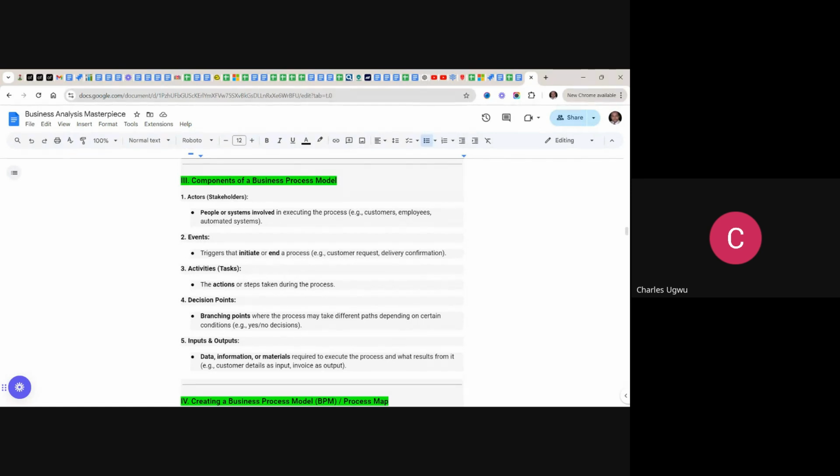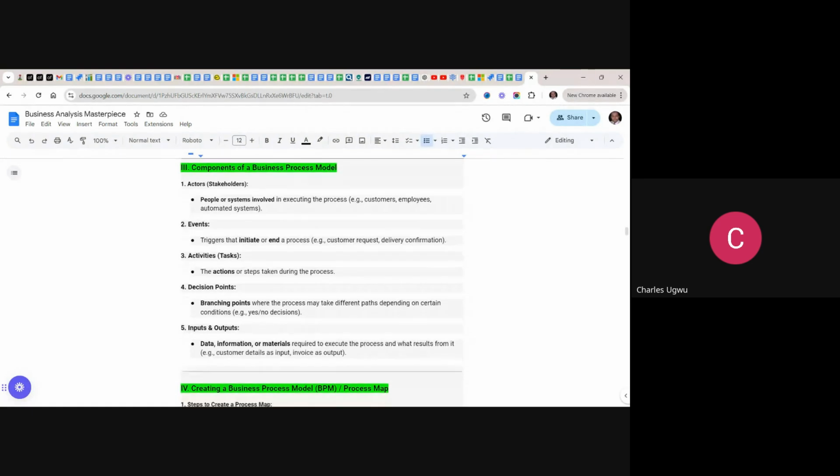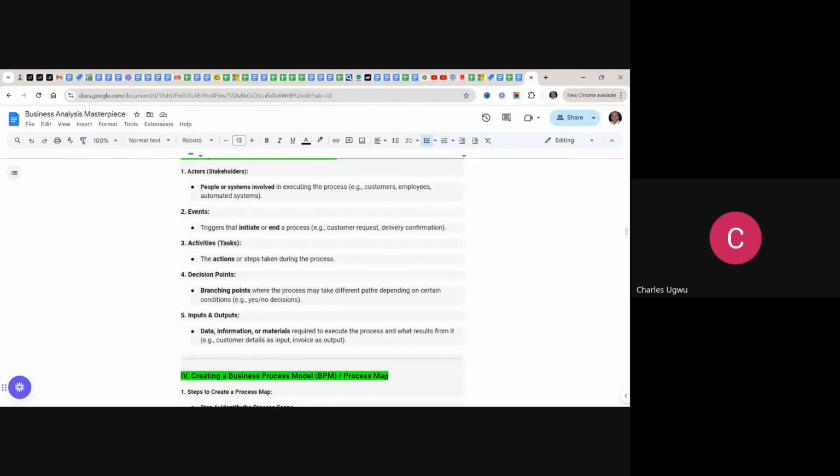We have decision points, where we take a decision, at times saying yes or no. While we are modeling our processes, we capture them as well. A decision point is where the process may take different paths depending on certain conditions.